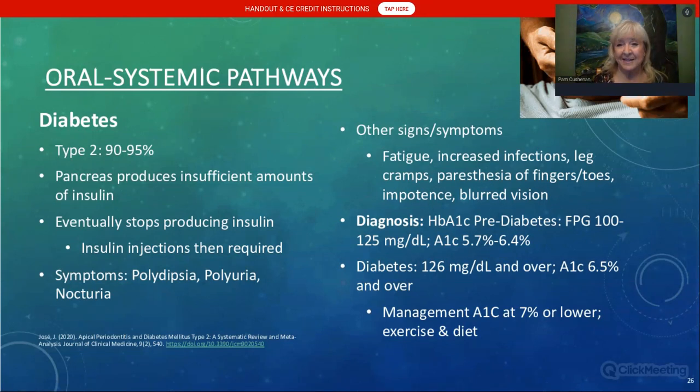A patient that is diabetic shows a fasting glucose level of 126 and higher, as well as an A1C of 6.5% and higher.